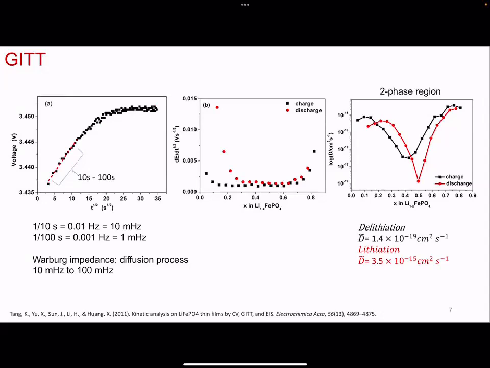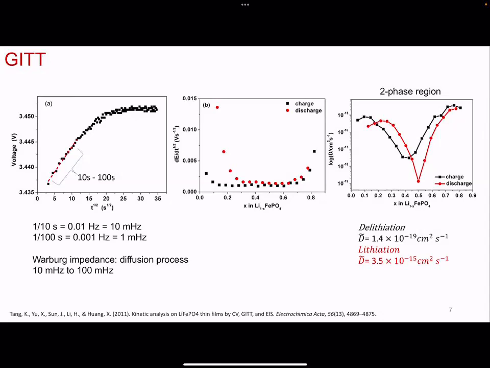Here you can plot the voltage as a function of the square root of time, as a function of x, the composition. You'll notice that this is only done for this fitting in this particular regime. dE over d square root of t is only done in this linear regime, not in the plateauing region.